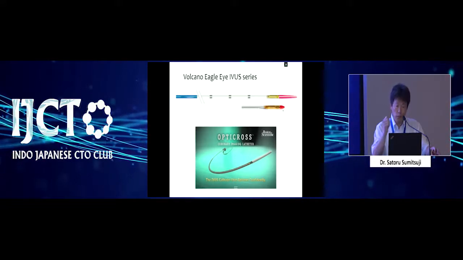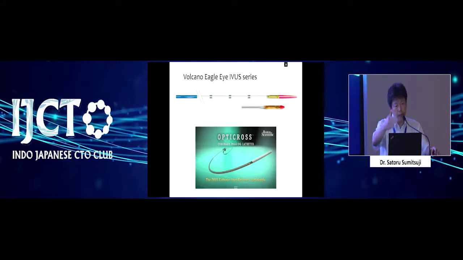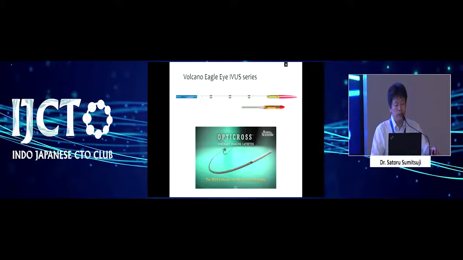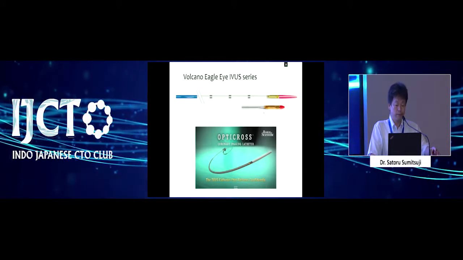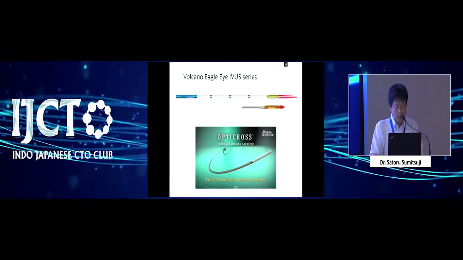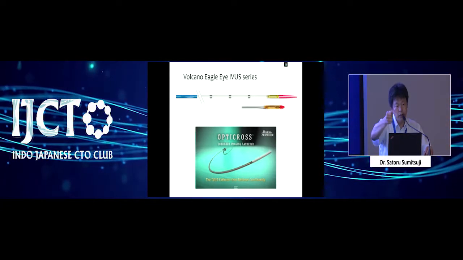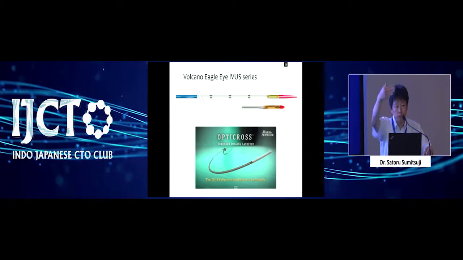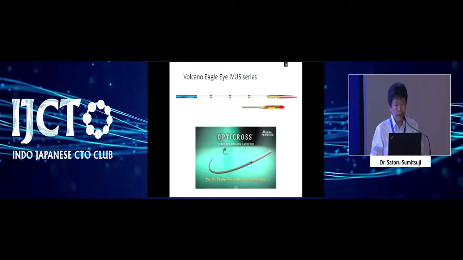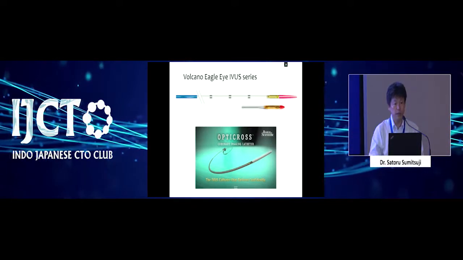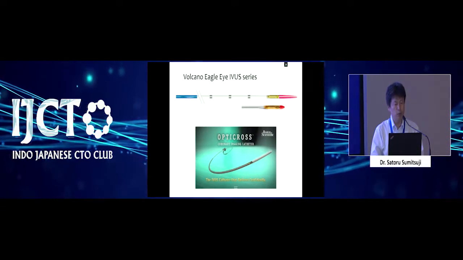So if you really want to check the cross-section around the tip of the wire, you should use a Volcano IVUS. But on the other hand, Volcano IVUS needs to move the catheter itself to check the multiple cross-sections. At a time, moving the IVUS catheter can move the CTO system, and then sometimes make trouble.